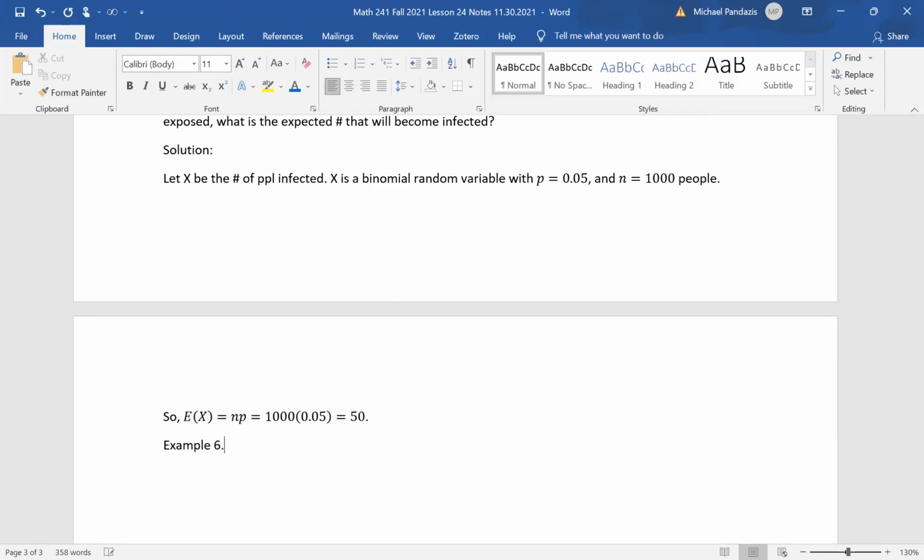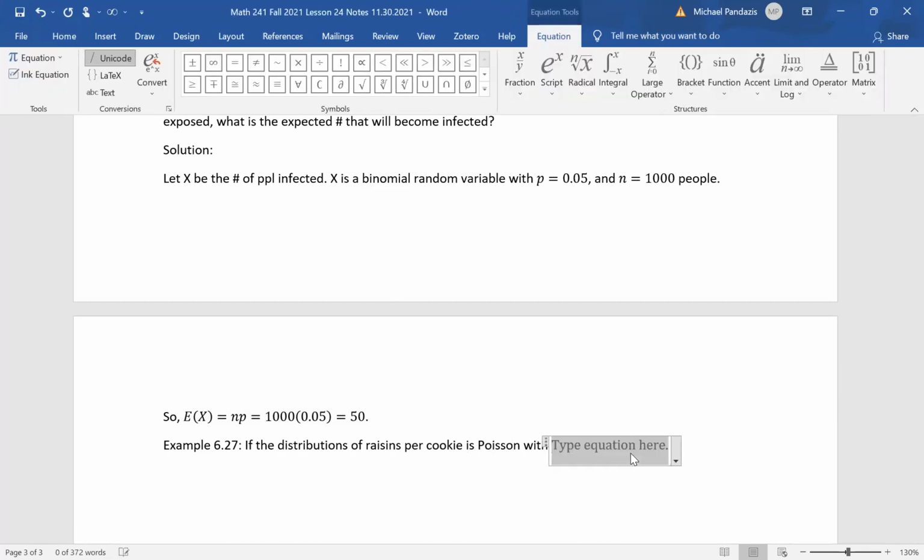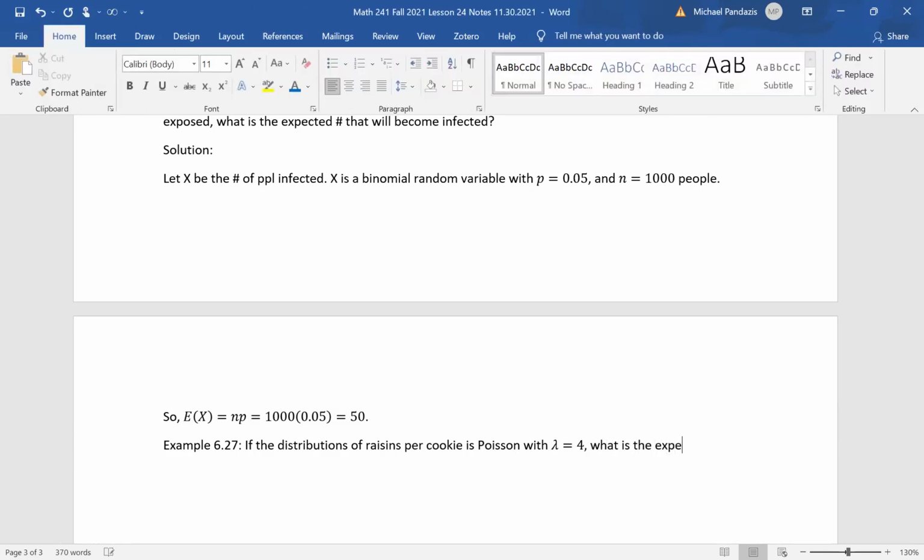And so this is example 6.27. If the distribution of raisins per cookie is Poisson with lambda equal to 4, what is the expected number of raisins?